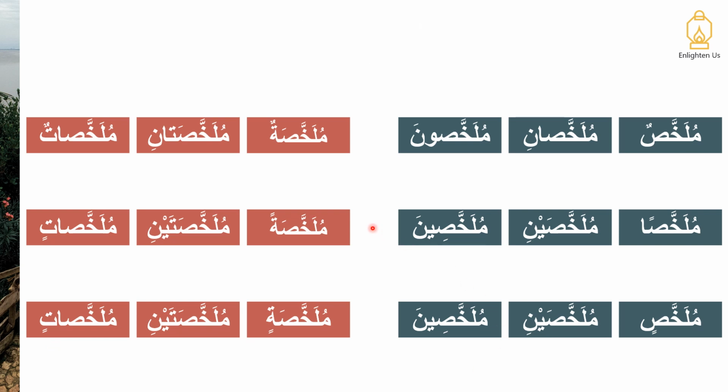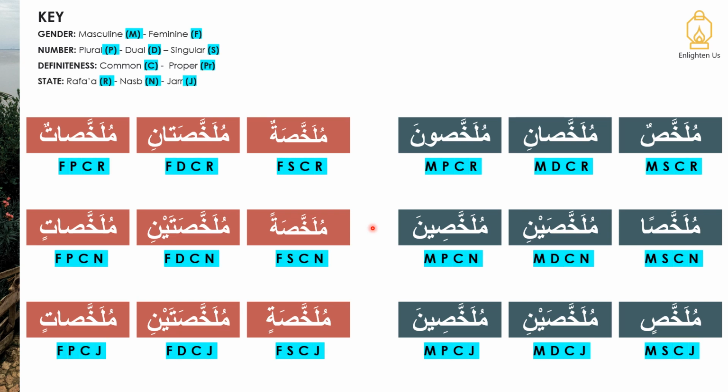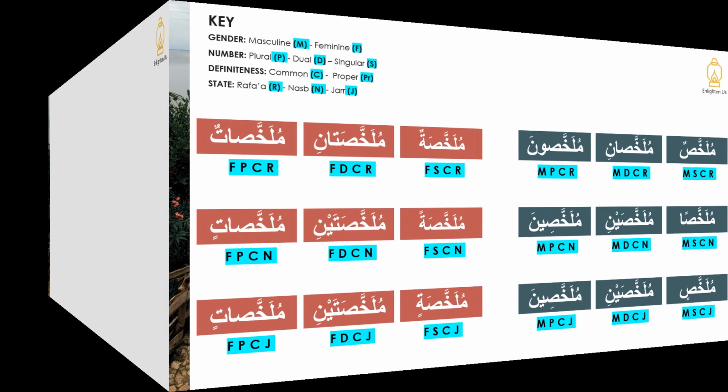And again, let's remind ourselves of the characteristics of the ism: the gender, the number, definiteness, and state. What you'll notice is that each one of these words is a different variation based on each of those states. Now let's move on.